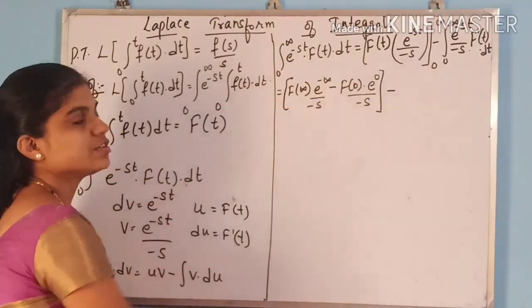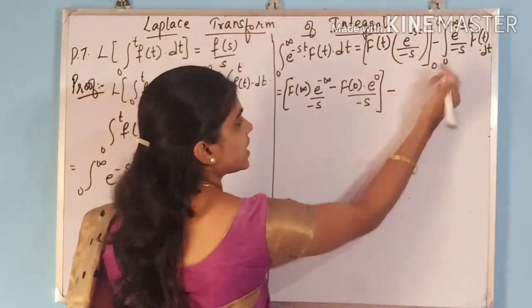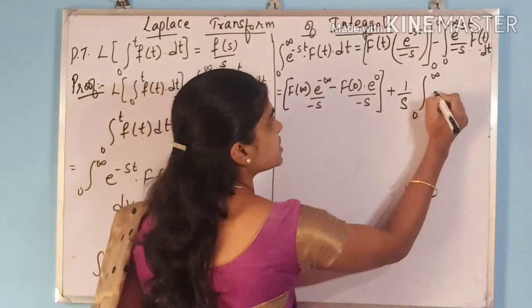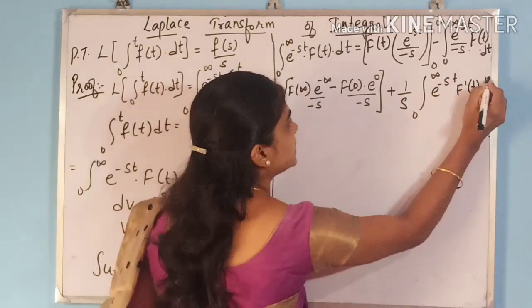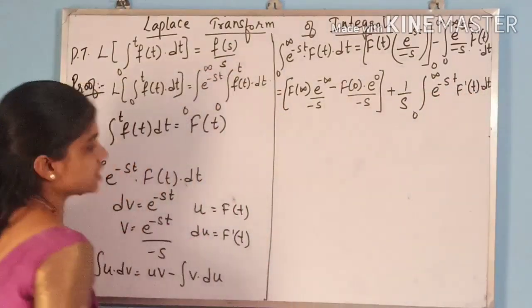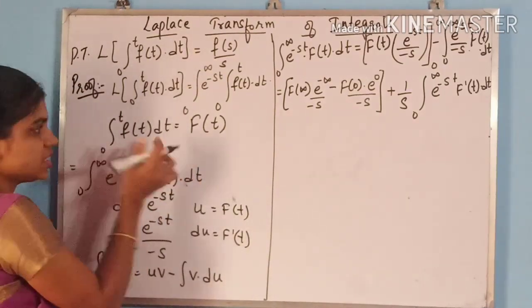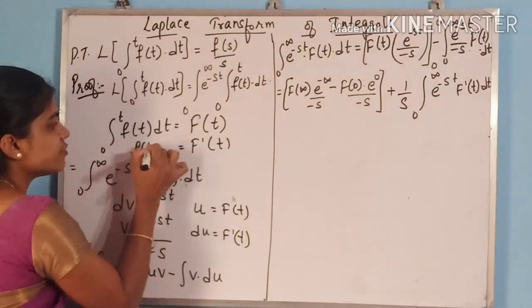Minus integration of e raised to minus st by minus s. So minus of minus I take it outside, 1 by s I take here, 0 to infinity e raised to minus st F prime of t dt. Now what is F prime of t? If you see here, F of t is 0 to t f of t dt. So F prime of t will be only f of t.